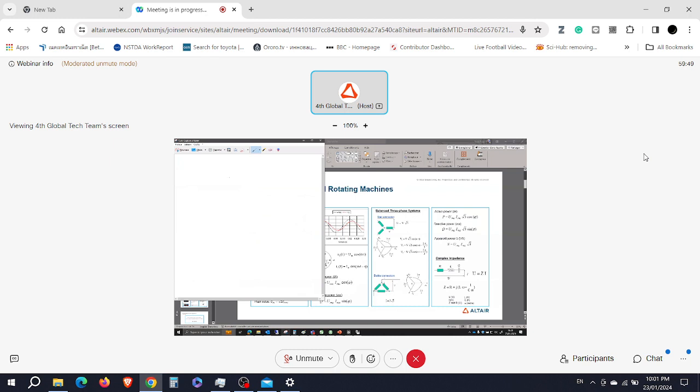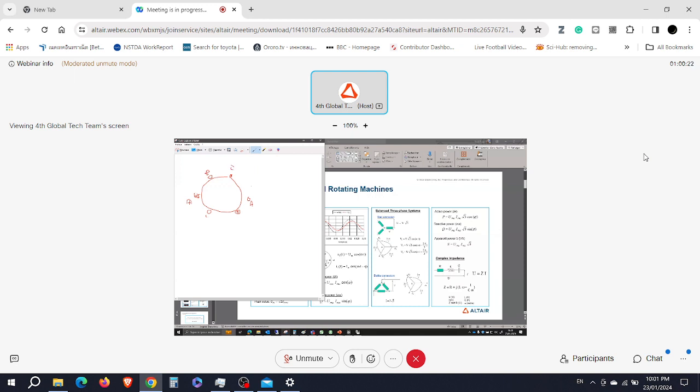If we have a 2-pole, then we have phase A like this, A and output. Then B here and output here, and C here, and the output is here.